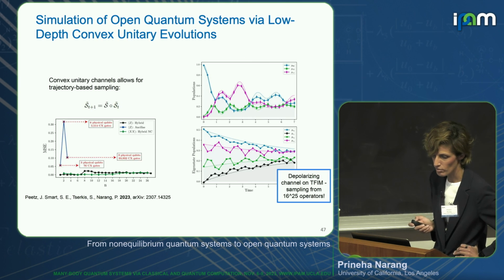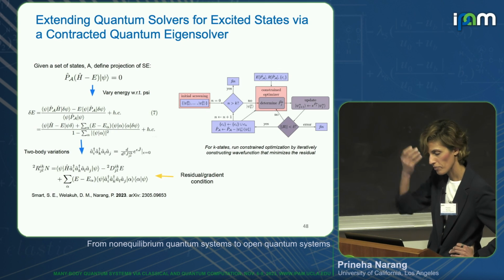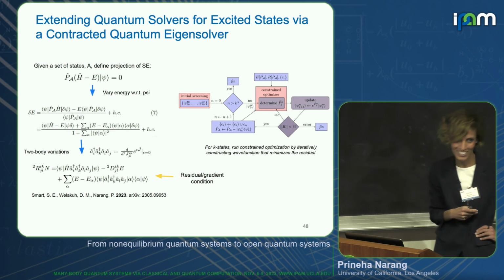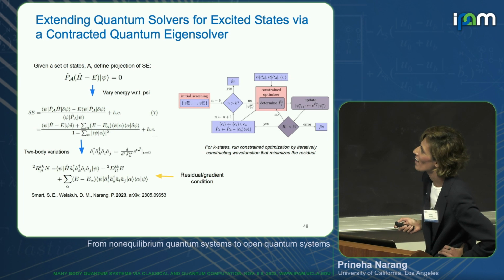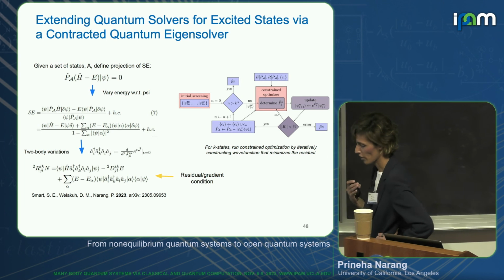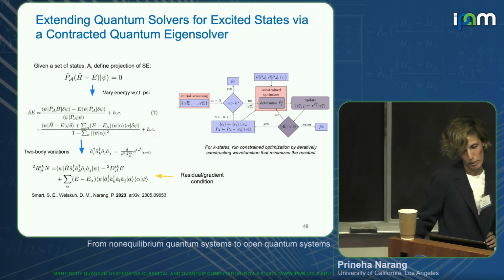I won't have time to tell you about some of these other things, but just since I see there's somebody who thinks about excited states a fair bit here in the audience, just for you, I'll include this. This is maybe my attempt at combining what we've introduced for non-equilibrium using classical computation and some of the ideas in quantum computation.